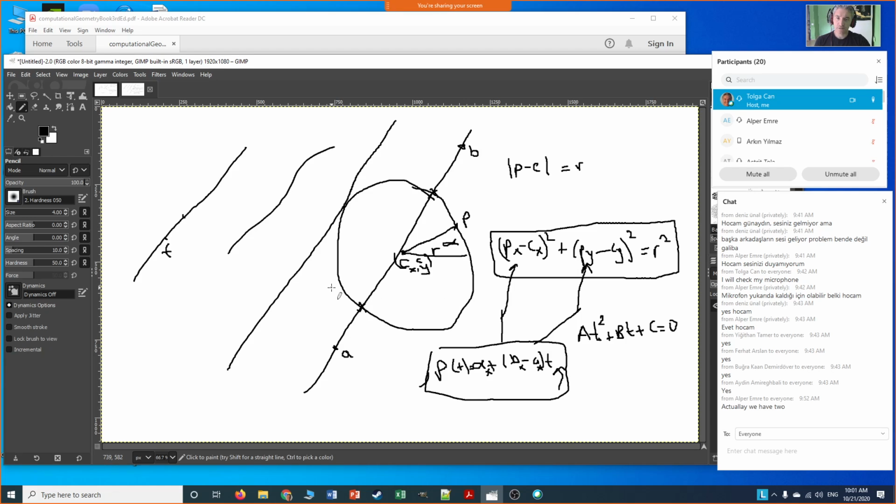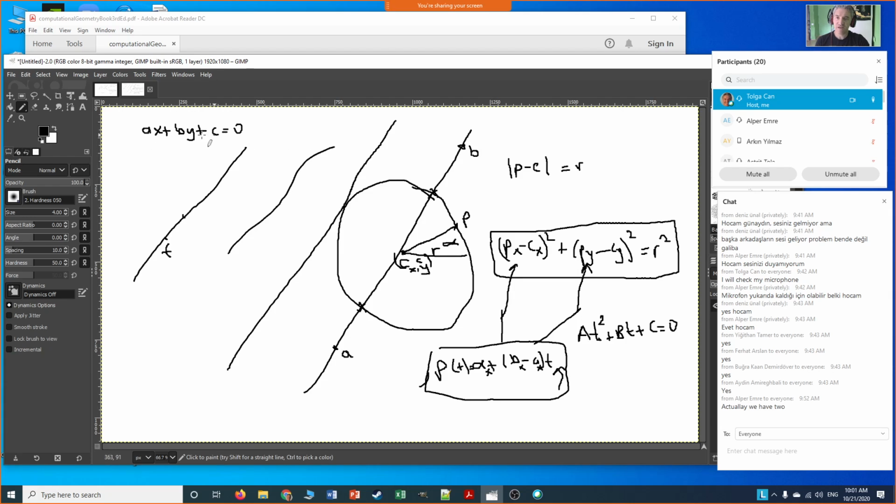The other thing that I want to mention is that this was a parametric line equation, but there's also the implicit line equation that we sometimes use. If you think about this equation, look at this: ax plus by plus c is equal to 0. So this is a linear equation, right? I mean, x and y do not have powers other than 1.